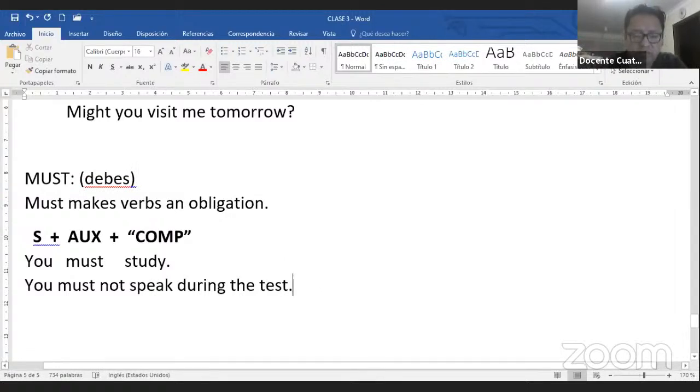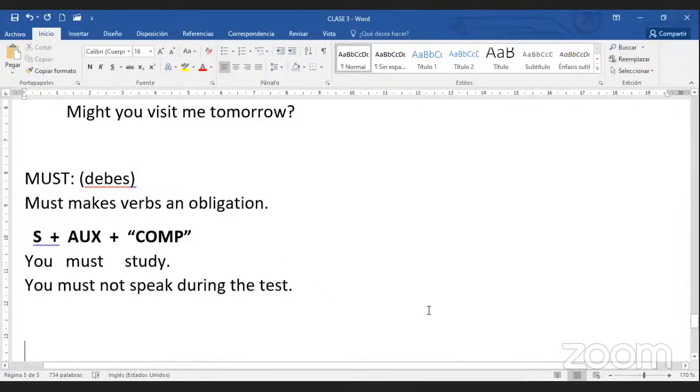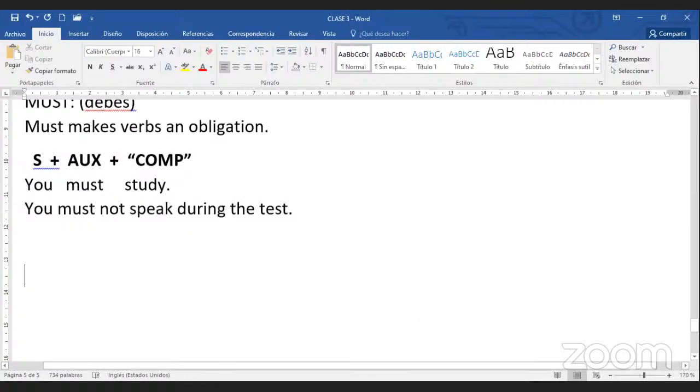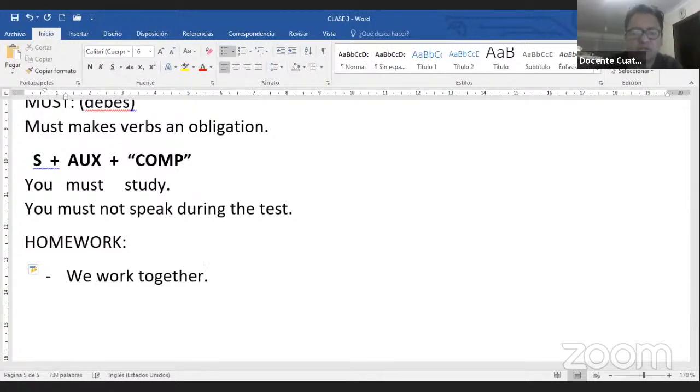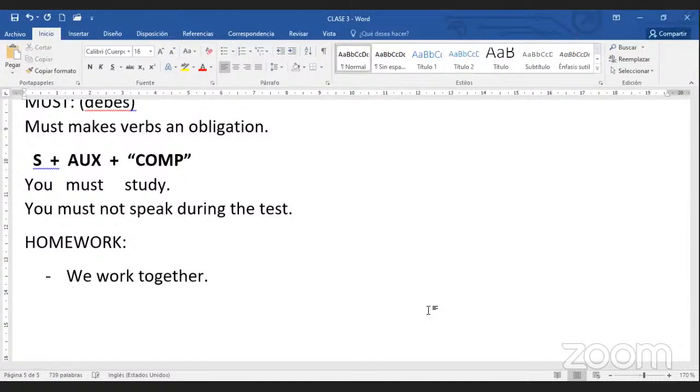Do you understand the modals? Yes. Okay, so you have homework. Let me give you one sentence. We work together. Do you understand this sentence? Very good.